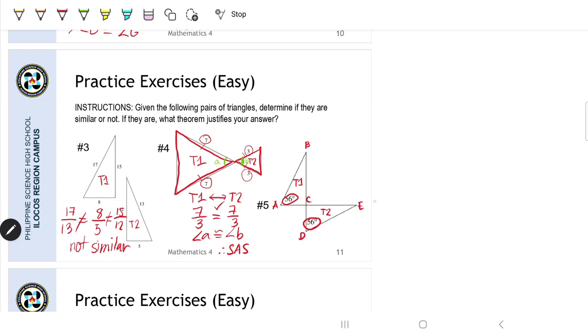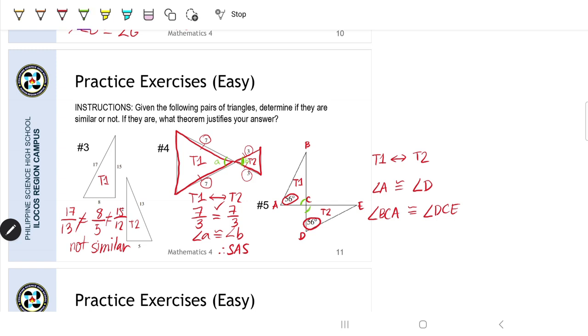Okay, so angle A is congruent to angle D. If we look at the T1 and T2 correspondence, and for the pair of vertical angles, which is this one and this one, we can say that for T1, angle BCA is congruent to T2's angle DCE because they are vertical angles.